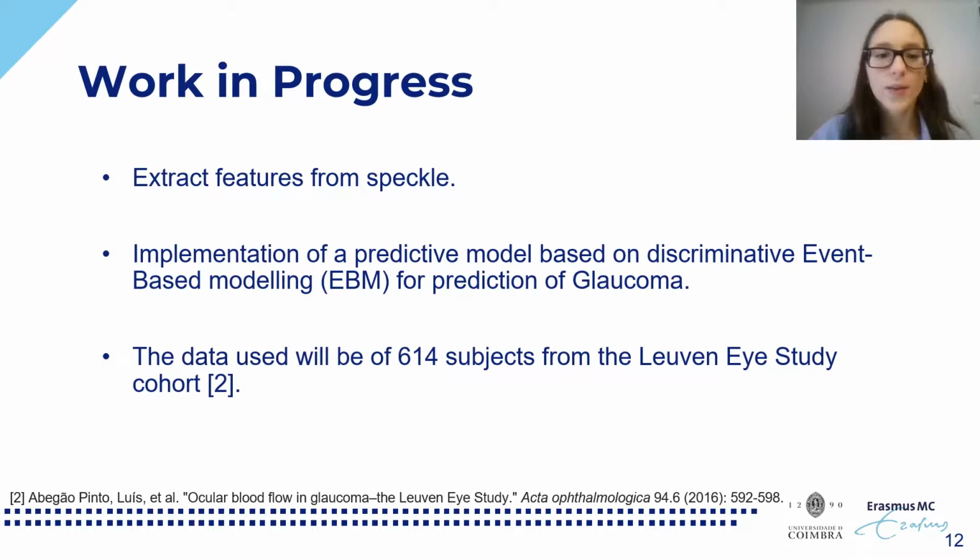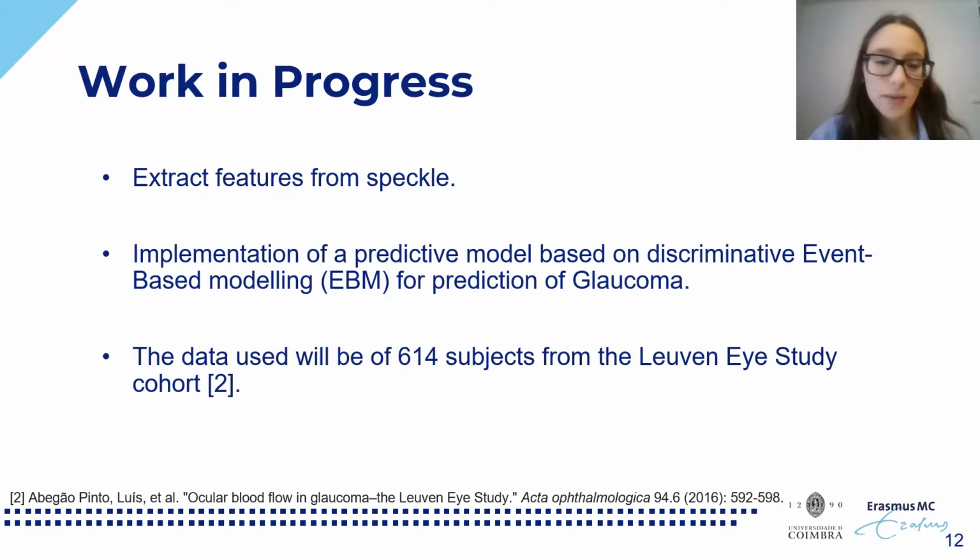My project is still in progress, so it is not finished yet, but here are just some of the more important next steps for my project. I will now extract features from speckle data, like with the methods I just presented here.